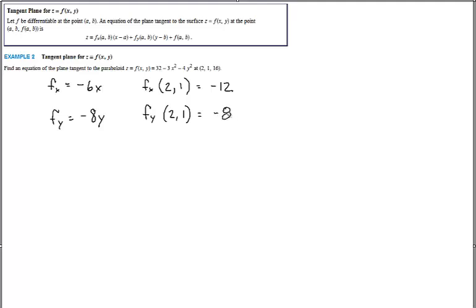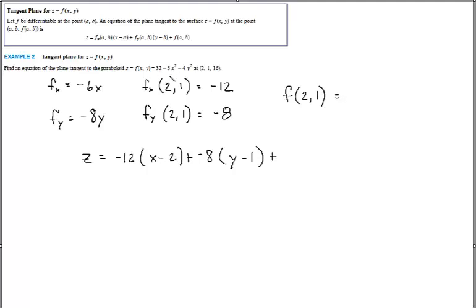And then I'm just going to plug into my formula here, z equals negative 12 times x minus, what is the value of x there? It's a 2, plus negative 8 times y minus 1, and then plus, and now I need to get the value of my function evaluated at that point (2, 1).